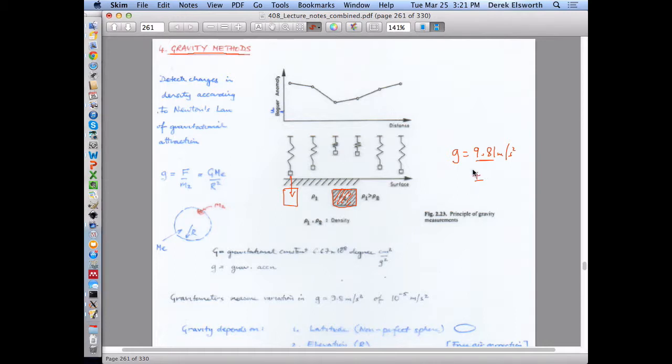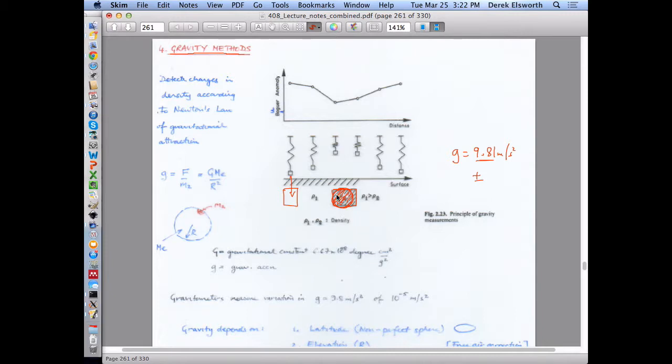And if you can measure this very small amount by having an instrument that has a weight hanging in it, and you measure the force that that weight is pulled to the ground with, you can calculate what the change in this gravitational attraction is. And if you know what that is, you can infer what the missing density is somewhere in the subsurface. So it's not so useful in environmental work, but it is if you're looking for caves in karst, which might be fantastic conductors for contaminant plumes.